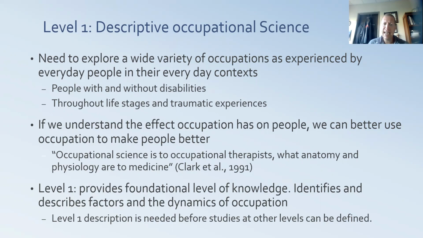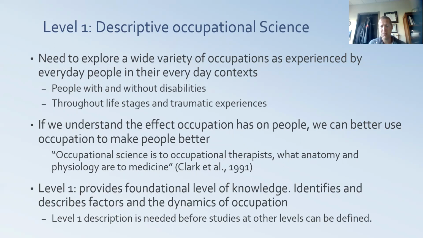If we understand the effect occupation has on people, we understand what those people are experiencing when they're engaging in occupation, we can better use occupation to make people better, right? Well, we have to understand what occupation is.